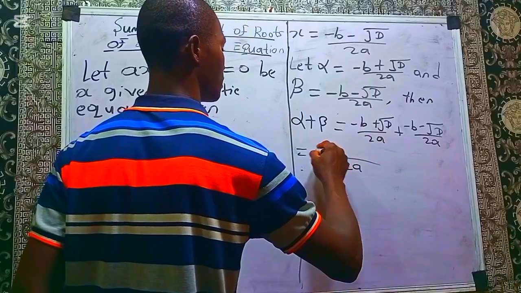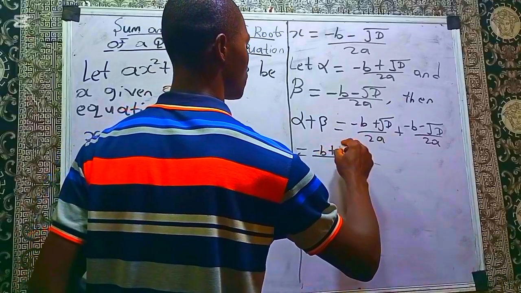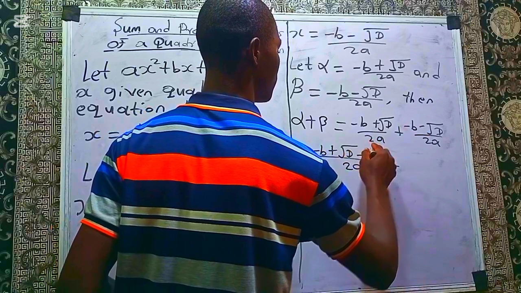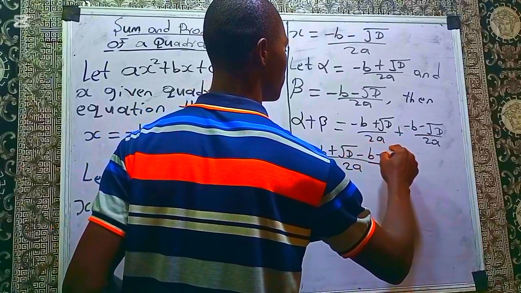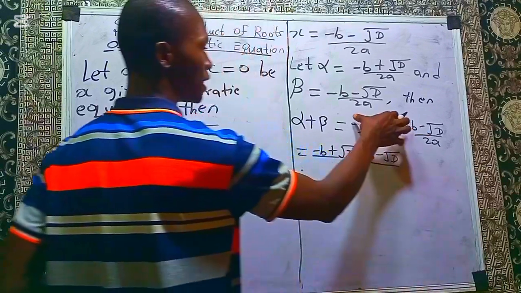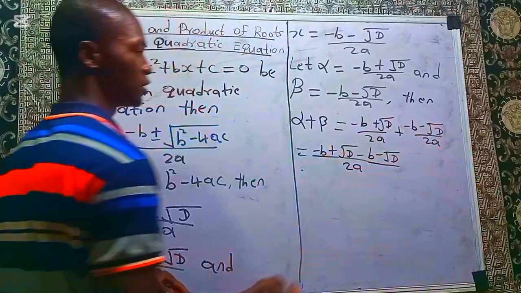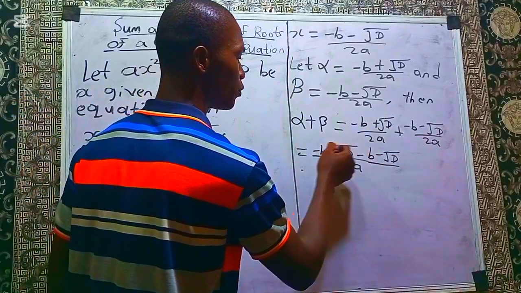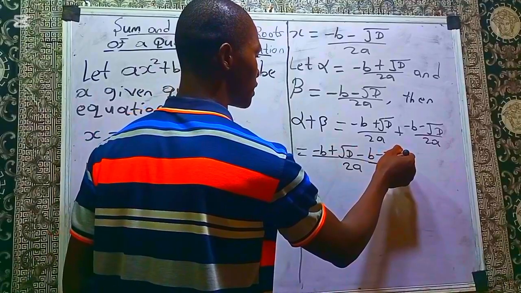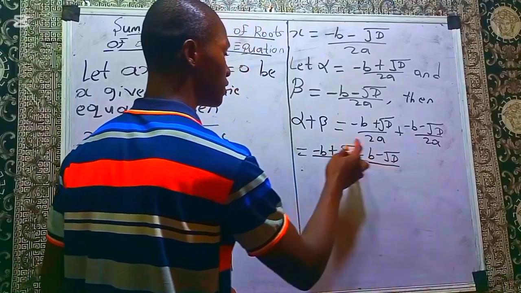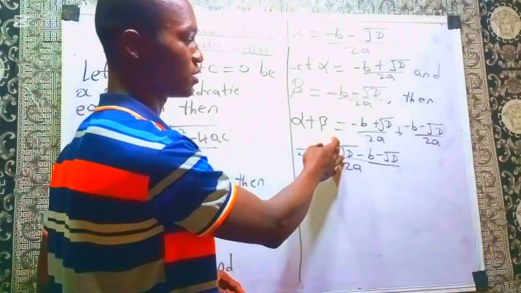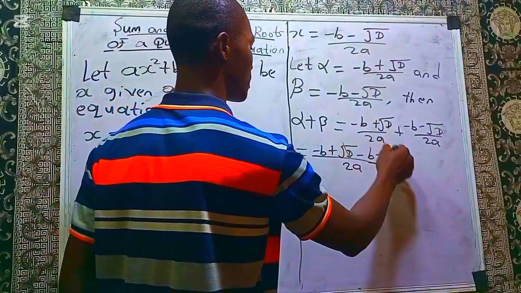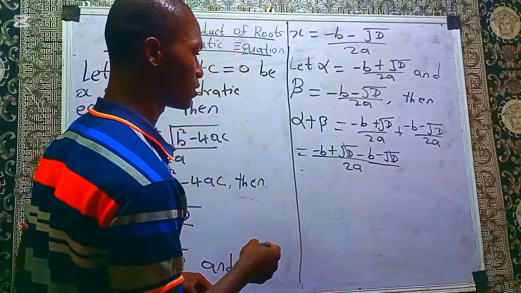Then if you add negative b plus square root of d, and negative b minus square root of d, I added this and this up. Then what will happen? You have positive square root of d here and negative square root of d here, so both of them cancel, because if you subtract, you get 0.